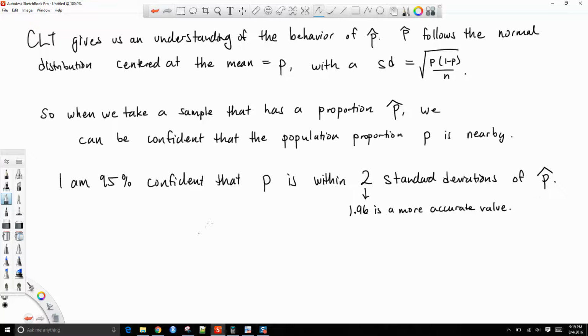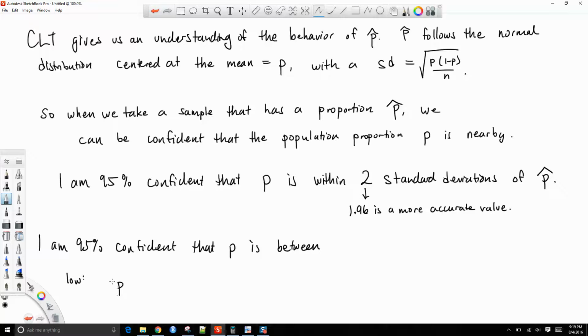Okay? So in other words, if you think about the dog, we said the dog was at the 30, and we're going to go 2 yards up and down. Basically, we can say I am 95% confident that P is between, and on the low end, what would I do?